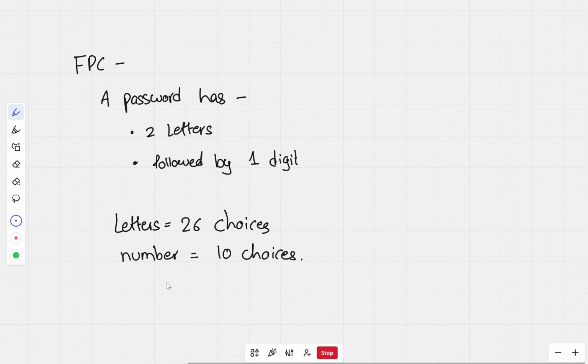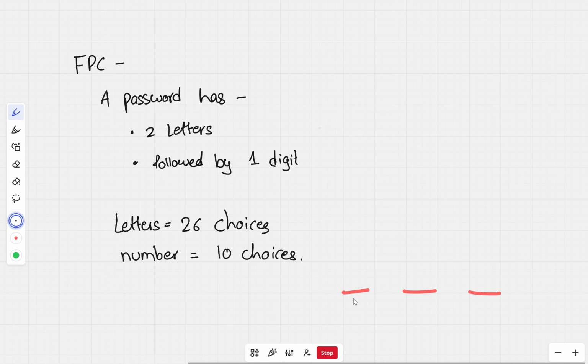Alright, now if we try to form the password, we'll take 3 blank spaces. For better understanding, I'll explain why we took 3 blank spaces. Now for example, this is our password, there's no number, no digits. We'll put options there. Now we have 2 letters to come here. For this place, I have 26 choices of letters.